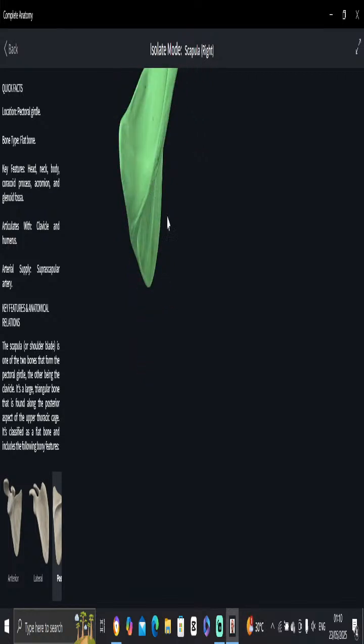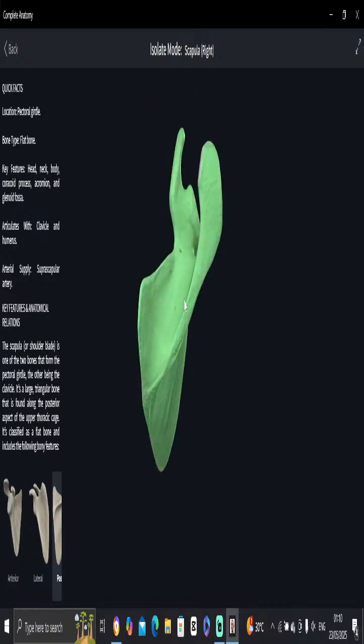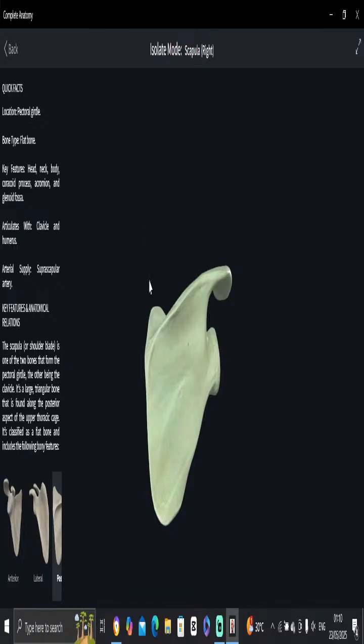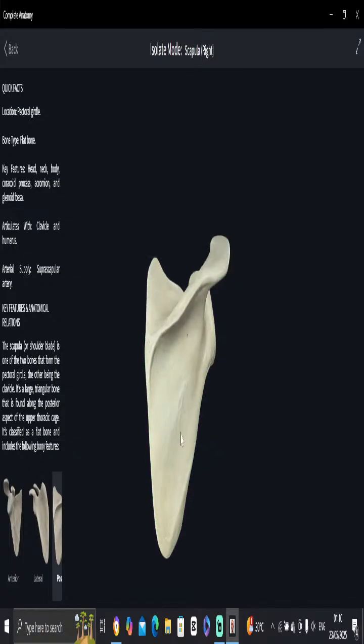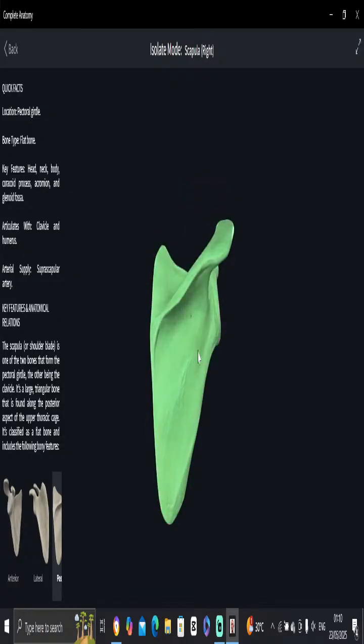The superior portion is known as the supraspinous fossa, because it is above the spine of the scapula. The inferior portion is known as the infraspinous fossa. So the spine of the scapula divides the posterior surface into the supraspinous and infraspinous fossae.